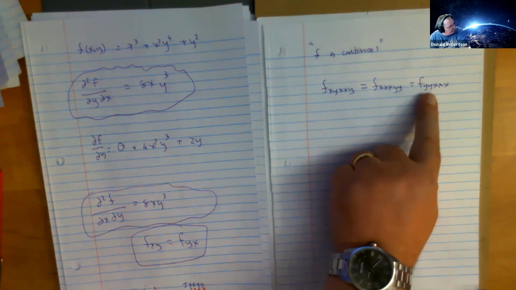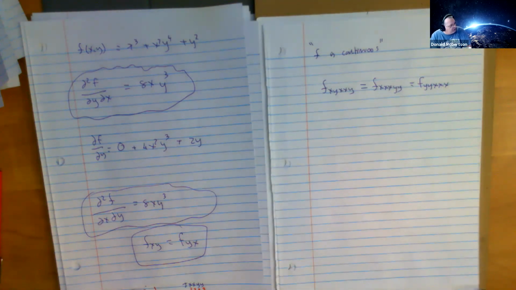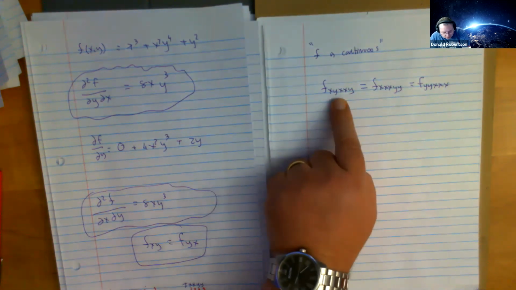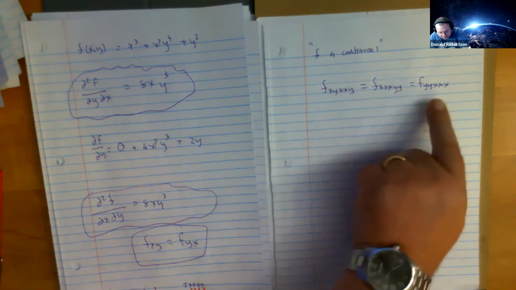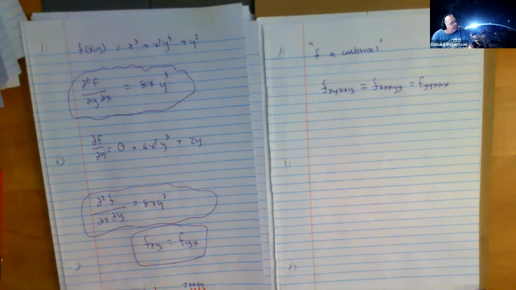In this one, you start with the two y's, and you finish with three x's. Clairaut discovered that any level of derivative, as long as it consists of the same number of x's and y's, they all end up being the same answer. In other words, order doesn't matter. You can choose to do a partial derivative that is continuous in any order you see fit.